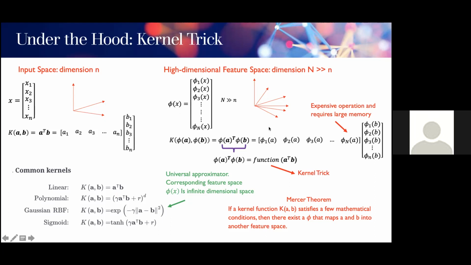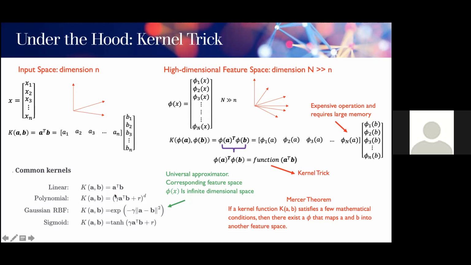The author used a polynomial function in his example, but this is the same idea. If you want to compute the dot product in this phi of x, you need to calculate what those coordinates are for both point A and B. But what if you can do the dot product and decompose it as just a function of the dot product that you could do in the smaller input space? Then it becomes the kernel trick. That's all the kernel trick is.